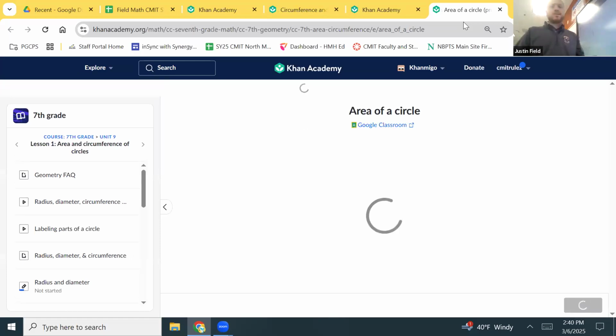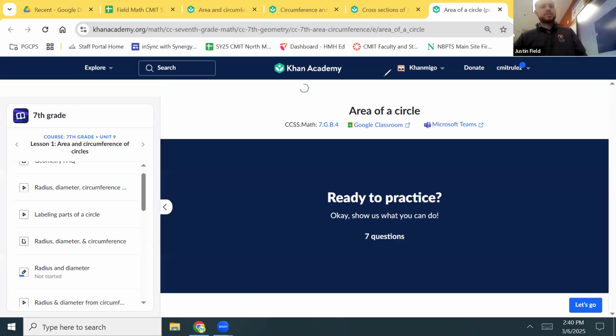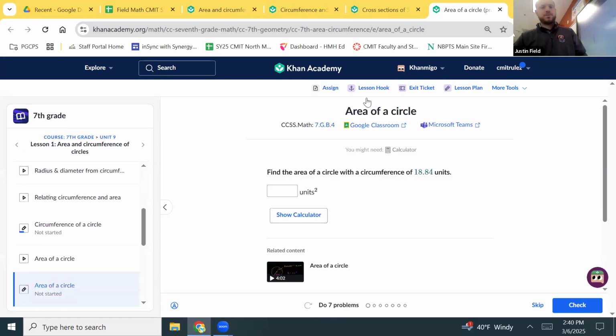Area of a circle. The area of a circle formula is pi r squared. Okay, let's write that down. Pi r squared. That's it. Very simple.